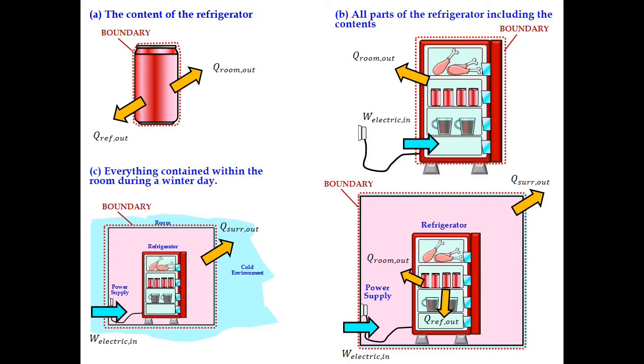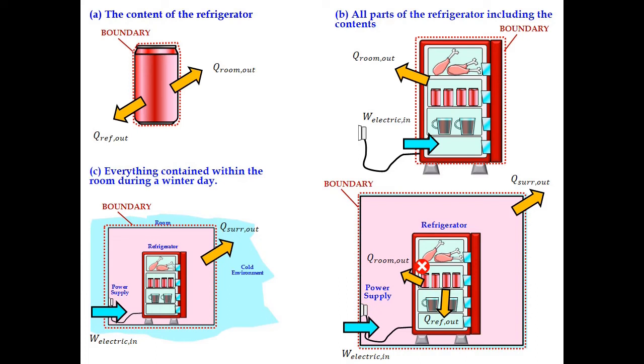The energy that crosses the boundary is only Q surrounding out and also W electric in. So that's why we need to consider Q surrounding out and W electric in in our analysis. Okay, that's how we select the energy transfers involved in our analysis based on the boundary selection.